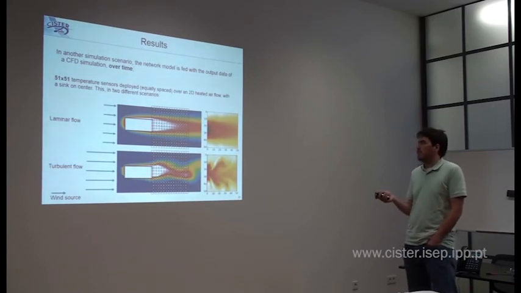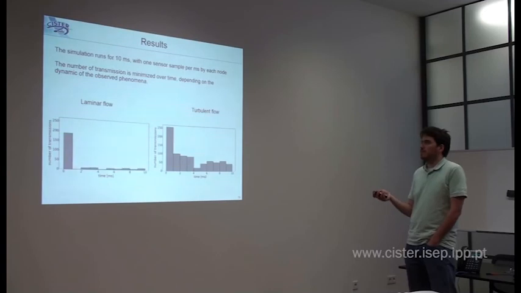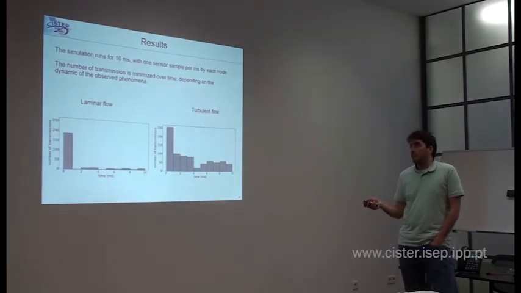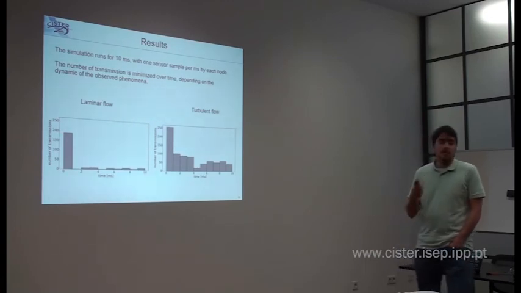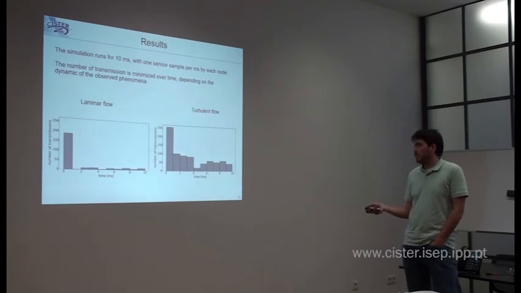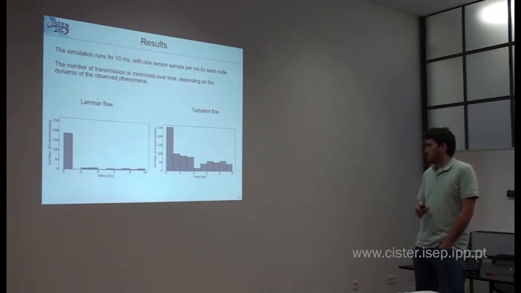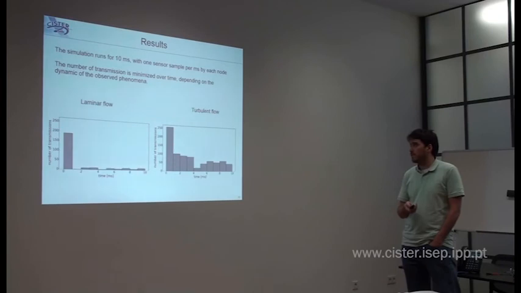For laminar flow, not much changes over time. This is how it looks, and this is turbulent flow. On laminar flow, the number of transmissions over time drops since nothing much new is happening. On the other hand, with turbulent flow, this rate stays higher, because of the changing dynamics of the phenomenon.